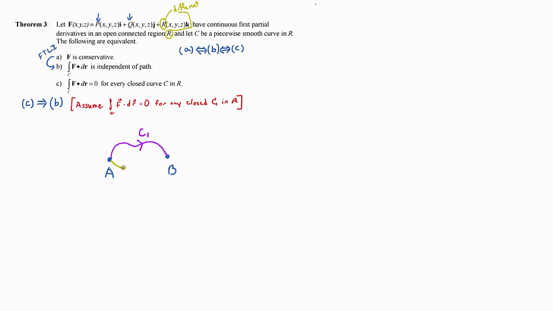You could do it if C2 crosses C1, but it becomes much more complicated, so I'm going to leave that detail out. And so this is C2 in yellow, and it starts at A and ends at B.